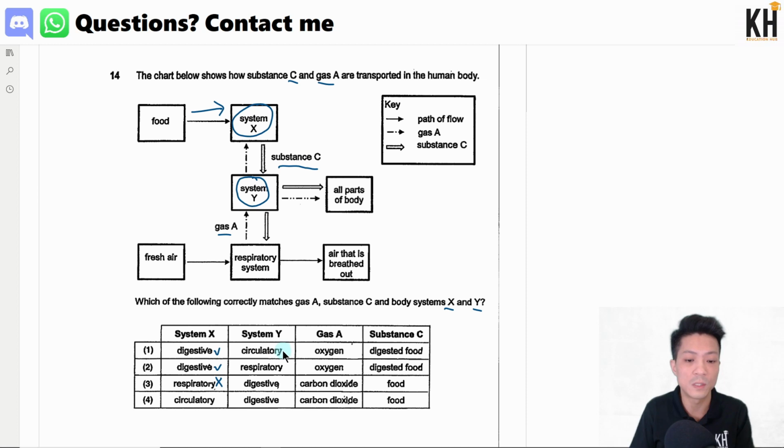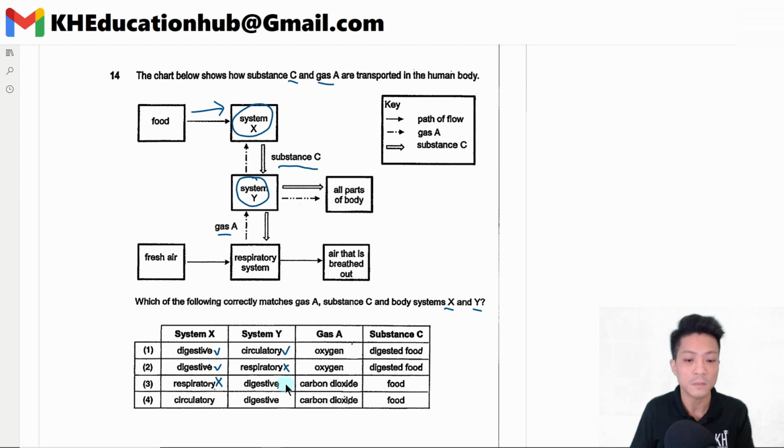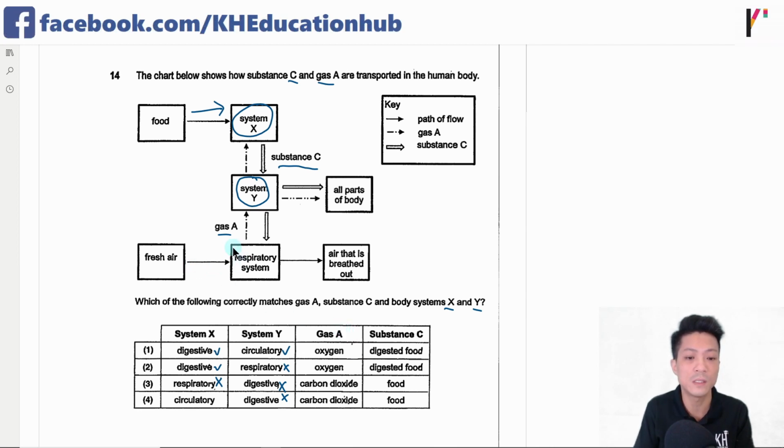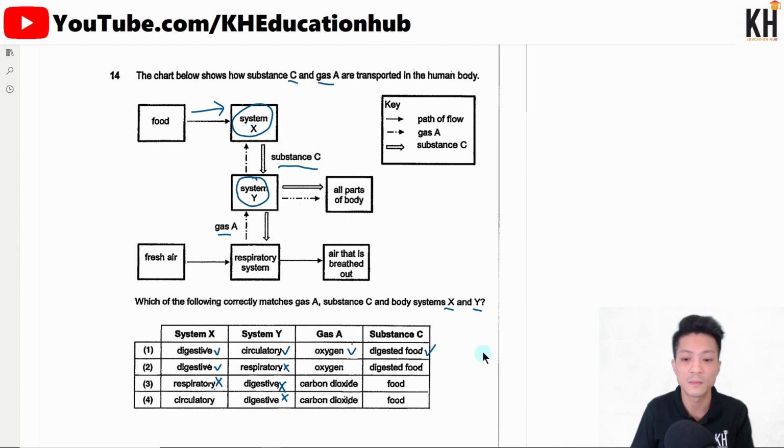So probably System Y is the circulatory, not respiratory for sure because it's over there, and not digestive because we have already said that it's System X. So now probably number 1 is the correct answer, but we just confirm that gas A, fresh air comes in, probably it is oxygen. Substance C is probably digested food, because it comes from the digestive system. So the answer should be number 1.